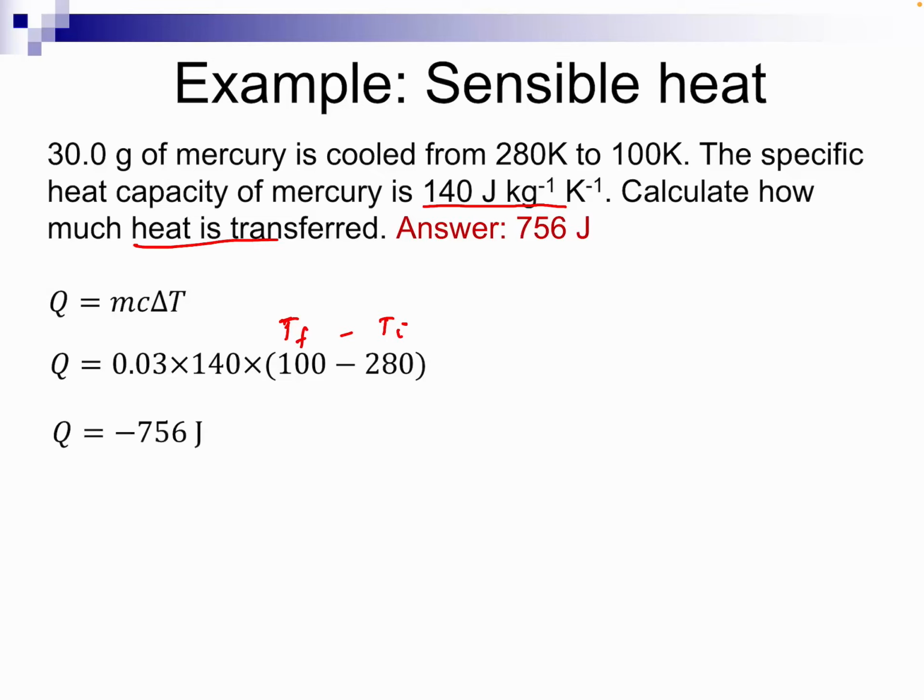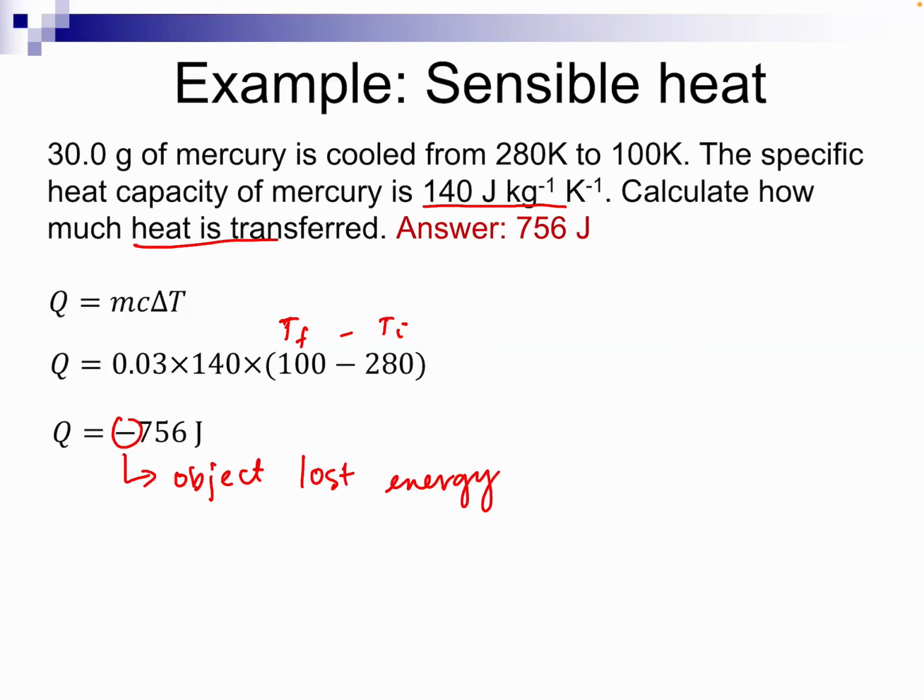Okay, so that will give you a negative heat. The amount of heat transferred is negative 756 joules, right? So the negative sign here means that the object, or mercury, lost energy.